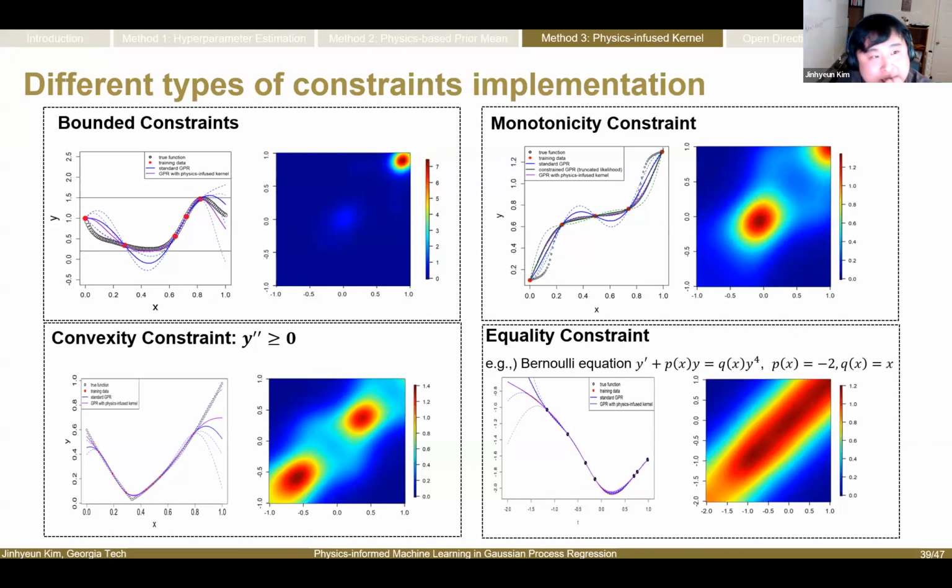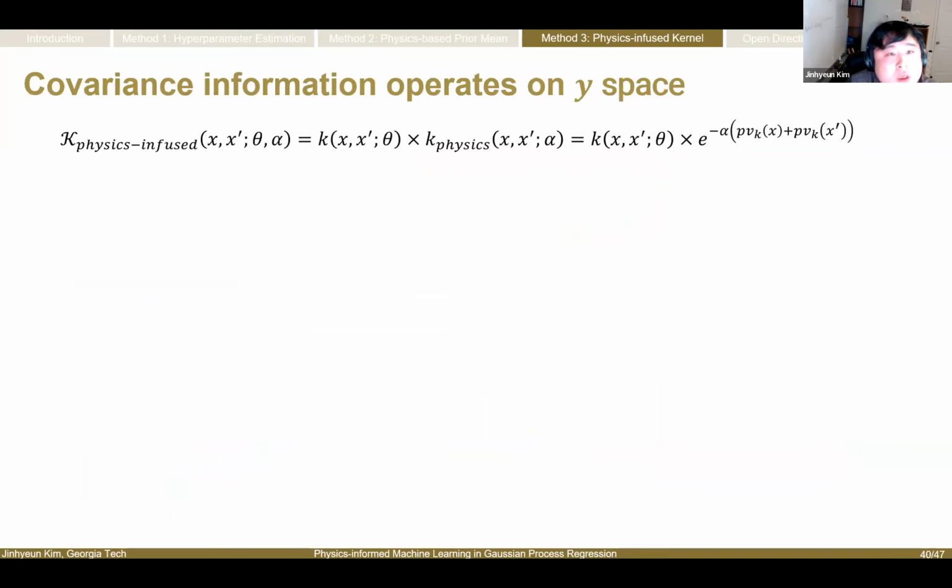So one of the advantages of this kernel is that it is very flexible to embed different types of constraints and work with different types of data kernels. And this is the ongoing work. I want to mention that the covariance information operates on the Y space.